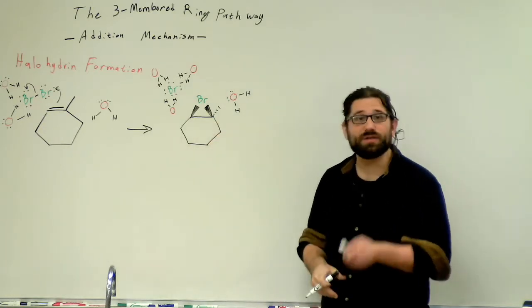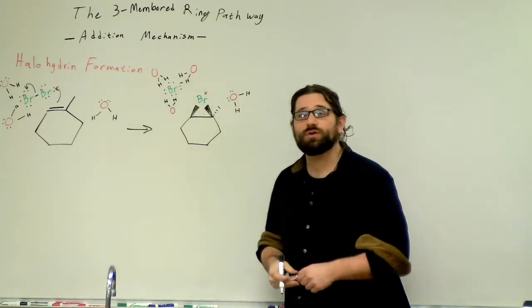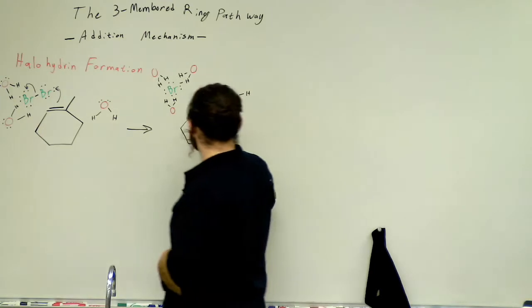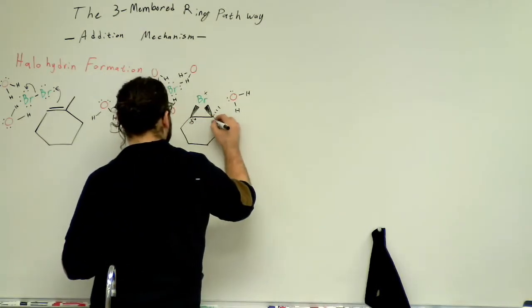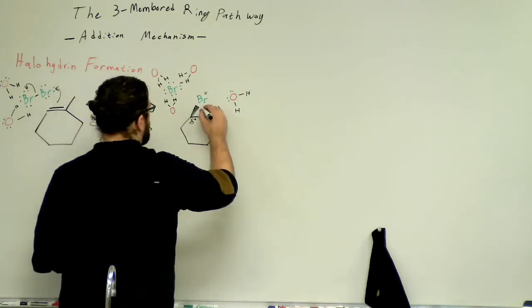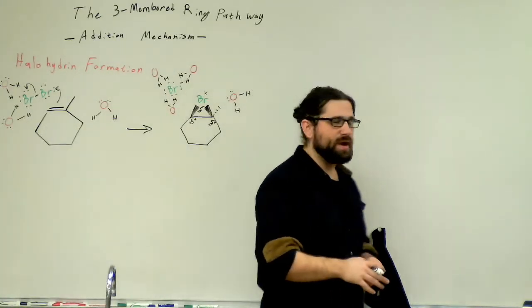So this bromine is once again going to have a positive formal charge, and we're going to have a partial positive charge on both of our carbons, with a partial negative charge in between in our three-membered ring.